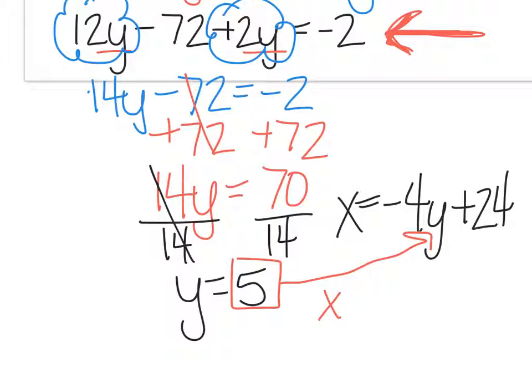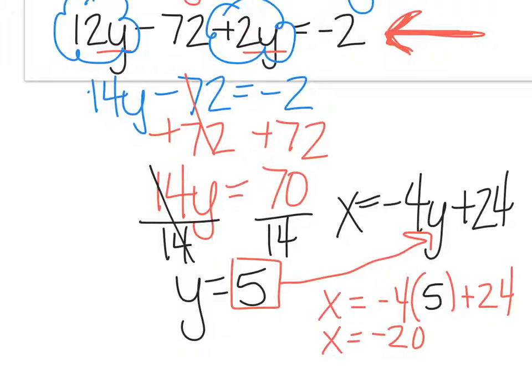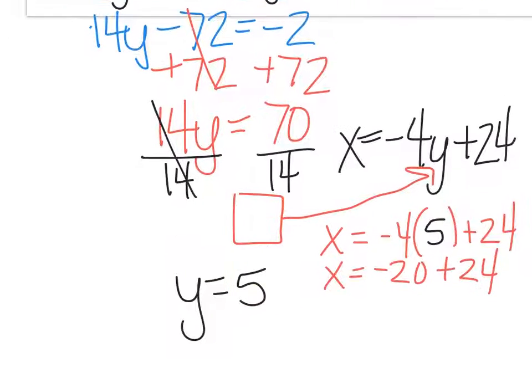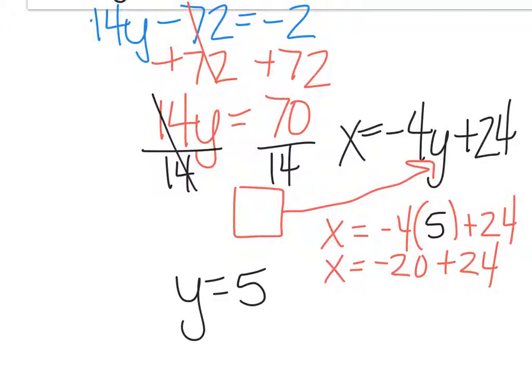So I get x equals -4 times 5 plus 24, which will leave me with x equals -20 plus 24. So x equals 4. So my answer is the ordered pair 4, 5.